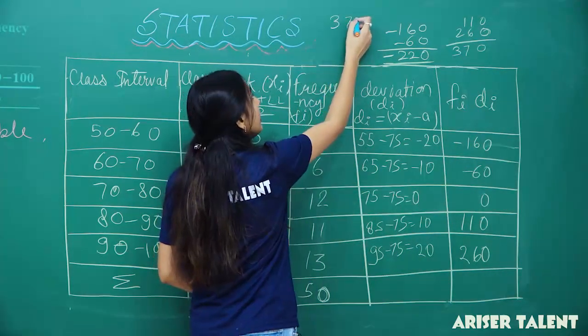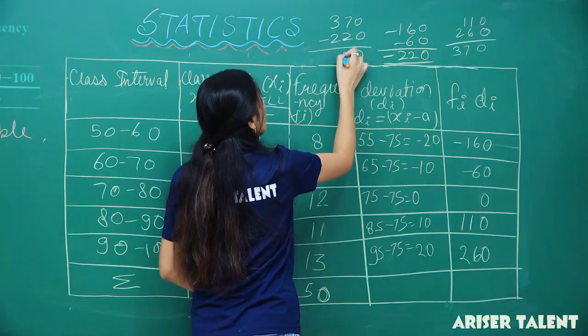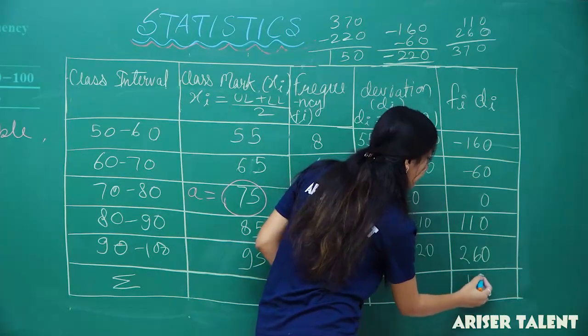Now 370 minus 220 is 150. So you can write 150 here.